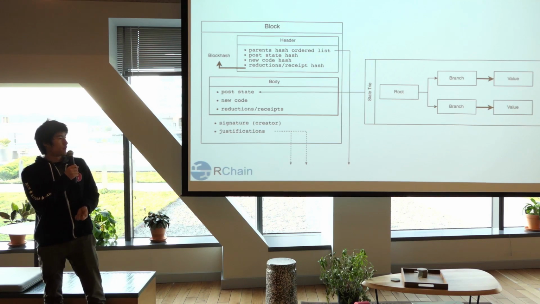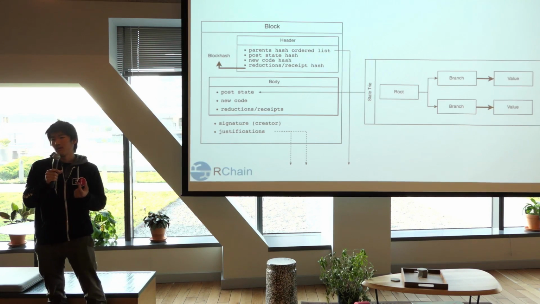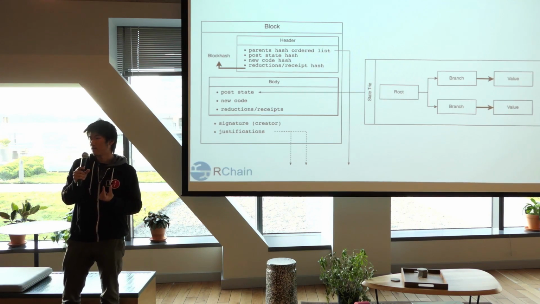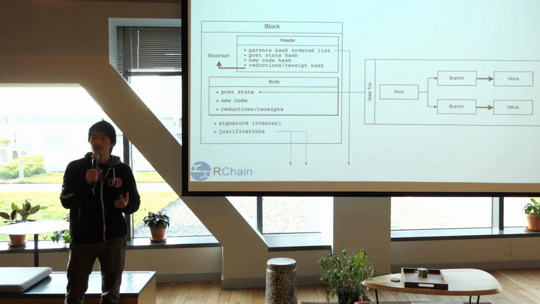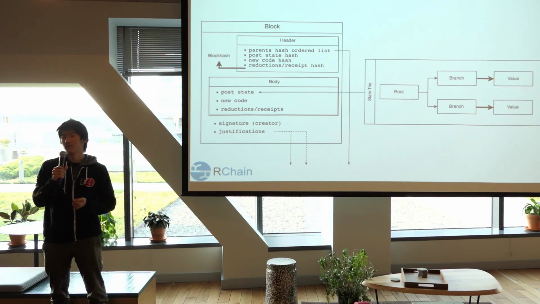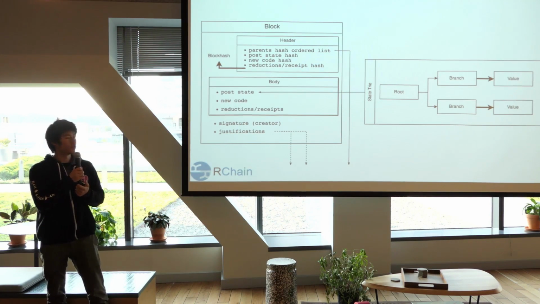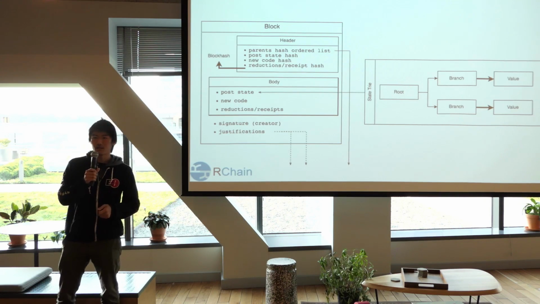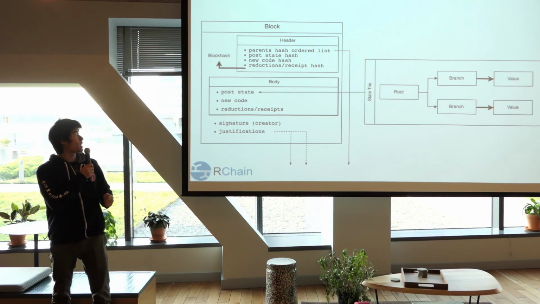And so finally, you have the reduction receipts. Rholang has some non-determinism to it, but in order for nodes to be able to replicate this, we need to add reduction logs. Those will be included there. Then all this information gets hashed up and stored in the header.